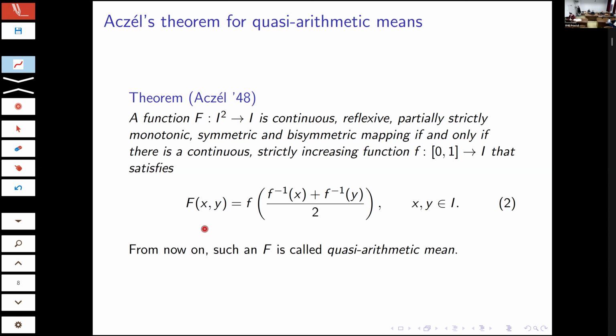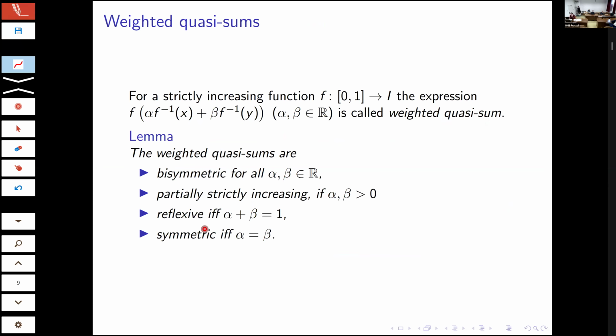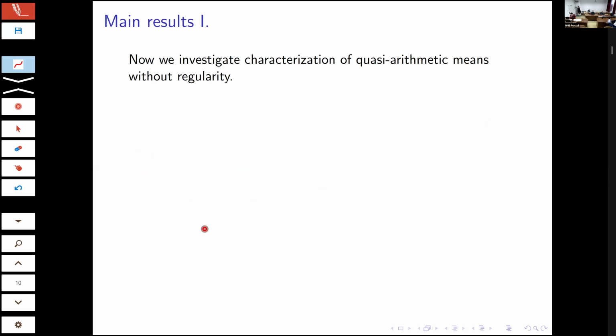And for sure, bisymmetry is very, very important, so we cannot. But any other gives a different statement, except continuity, which we were stuck on for a while, whether we can eliminate it or not. And the result will be, okay, I show the result first, and then I come back to this.